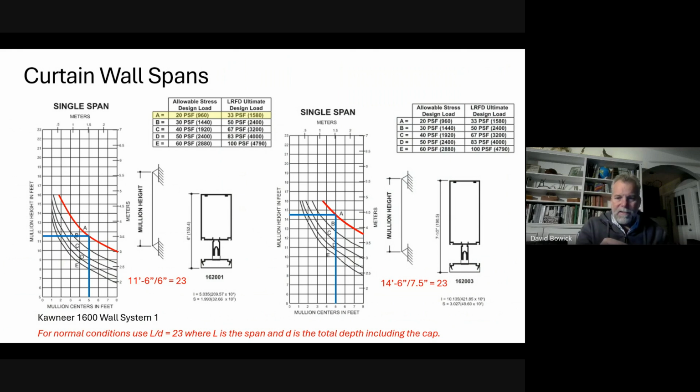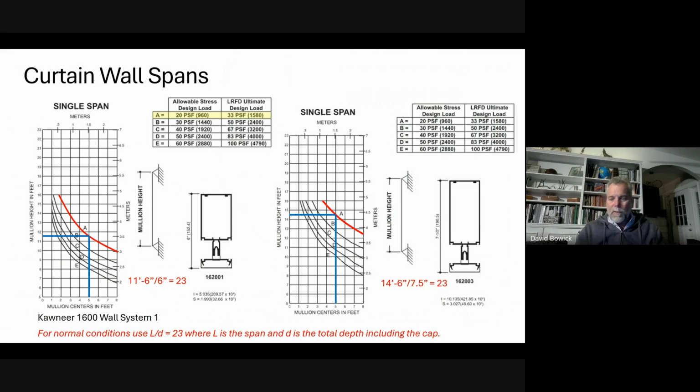The one on the left is 6 inch, the one on the right is 7.5 inch, and we have a curve for loading that relates the mullion height and the mullion spacing. The farther apart the mullions are, the more load they pick up, and the taller they are, the longer the span is. So both of these have an impact on structural performance.